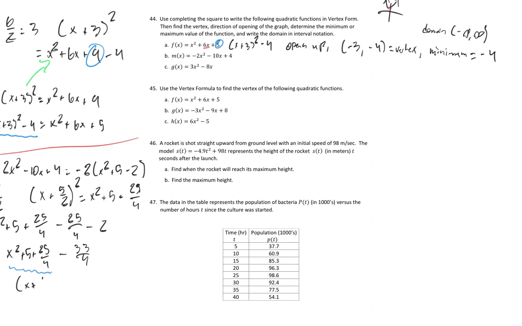This leaves x plus 5/2 quantity squared minus 33/4. Okay. So we have to remember the -2 we factored out though. So stick a -2 in front of everything. And if we distribute, we get -2 times x plus 5/2 squared plus 33/2. So there we go, we're in vertex form.